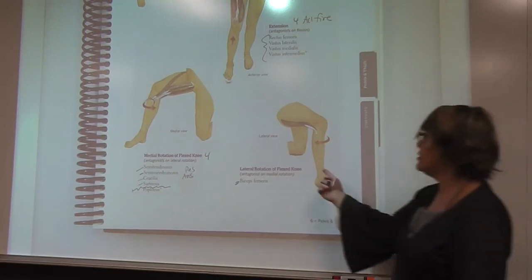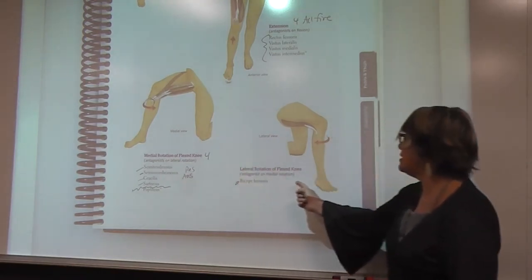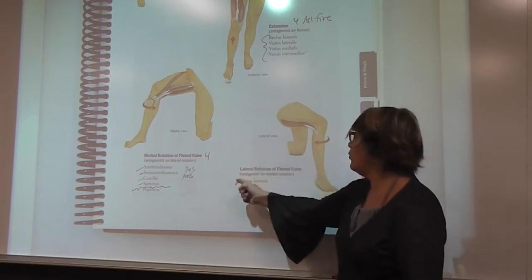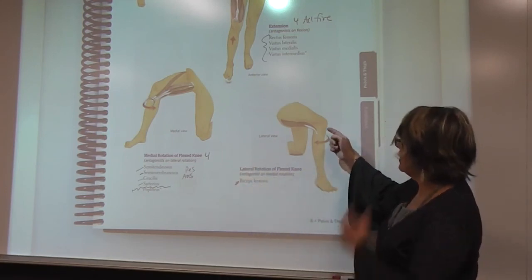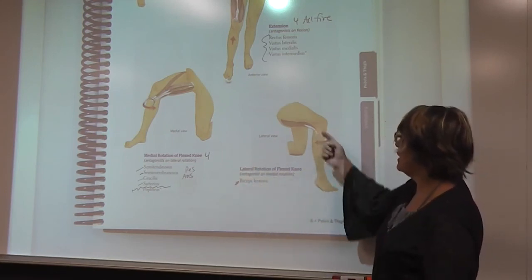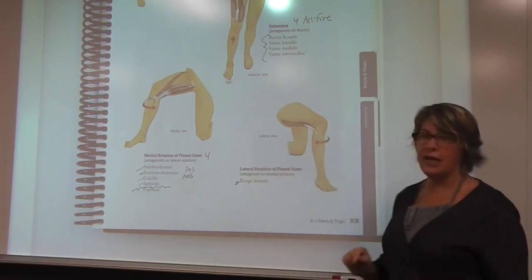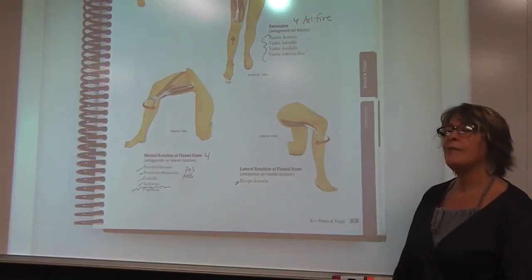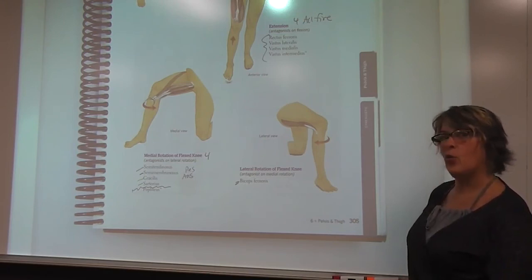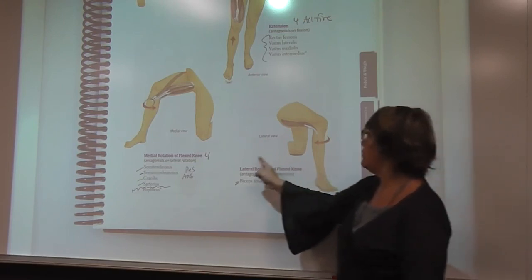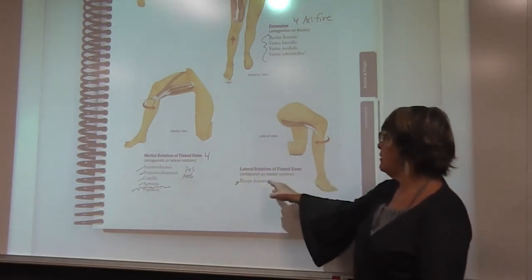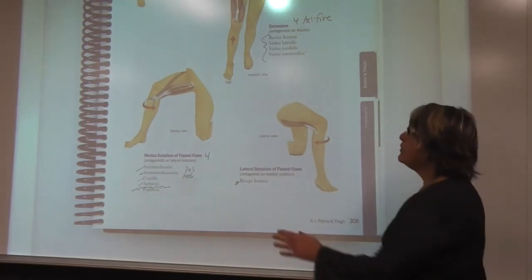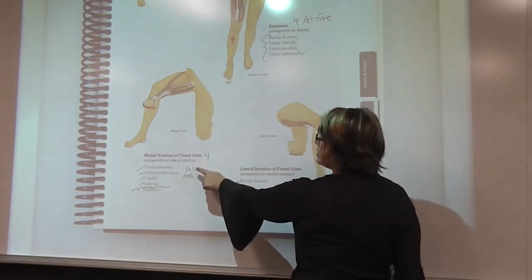So lateral rotation of the flexed knee is easiest because we have that one hamstring that is attached on the lateral side, so it's going to laterally rotate my flexed knee. So if you're sitting and you pull that knee out away from the other knee, lateral rotation of the flexed knee, biceps femoris. The opposite would be medial rotation of the flexed knee.